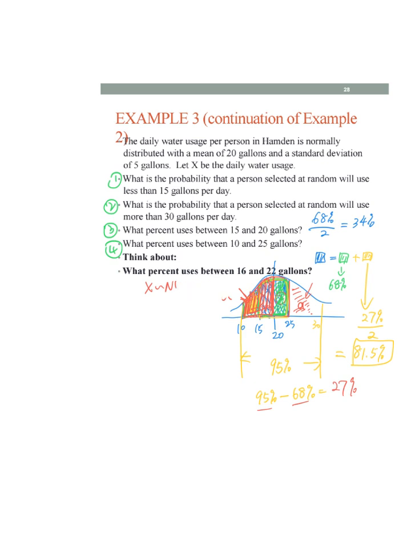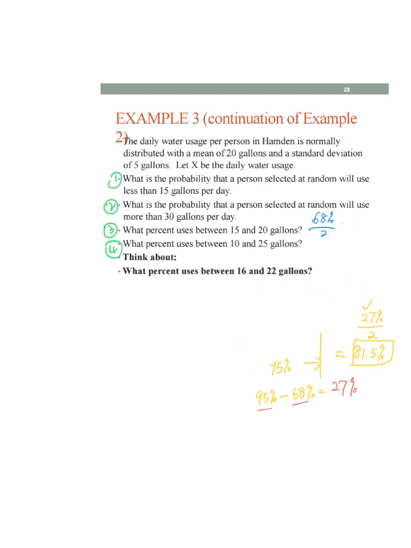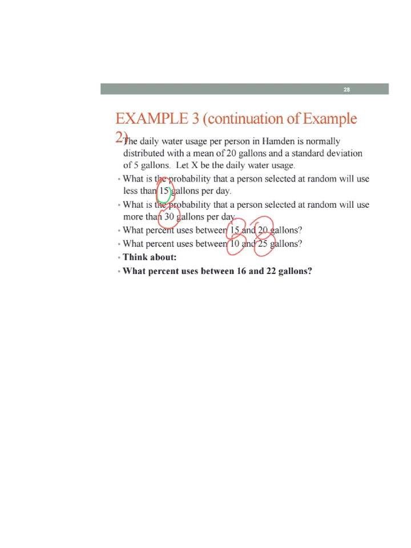I will erase this solution. Just now we talked about example 3. For example 3, we can find that no matter whether the question relates to 15 or 30, or the numbers 20, 10, 25, they are all related to the mean plus or minus 1, 2, 3 standard deviations. Right?